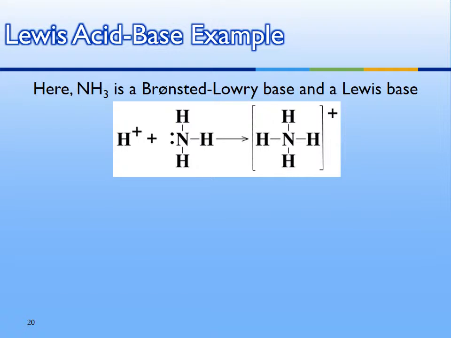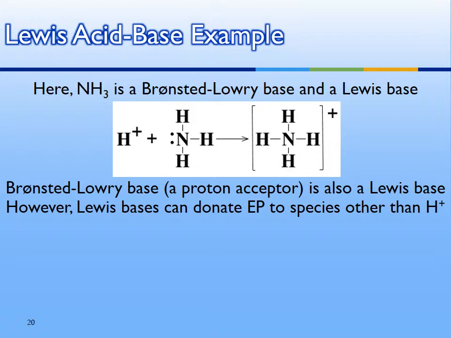Okay, so ammonia, which is not an Arrhenius base, can be, however, both a Bronsted-Lowry base and a Lewis base. Because as a Bronsted-Lowry base, it can accept a proton, but as a Lewis base, ammonia can donate the electron pair to species other than hydrogen ions.